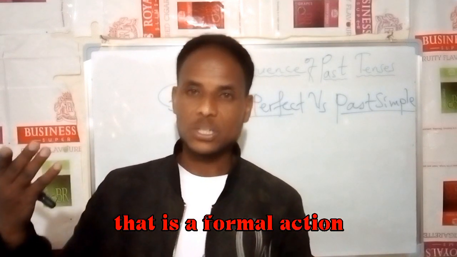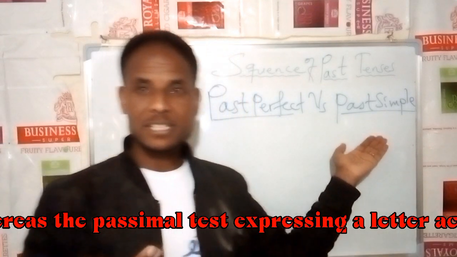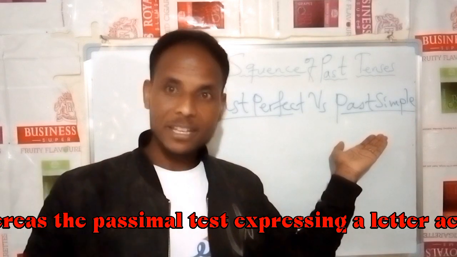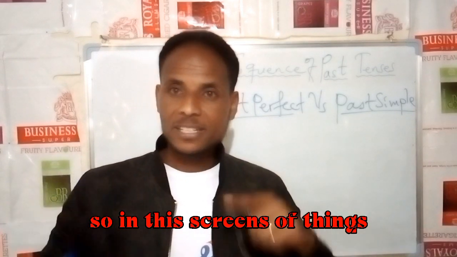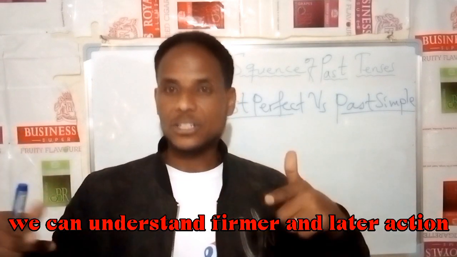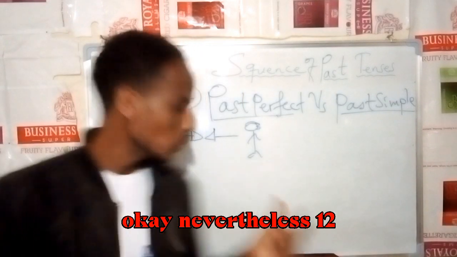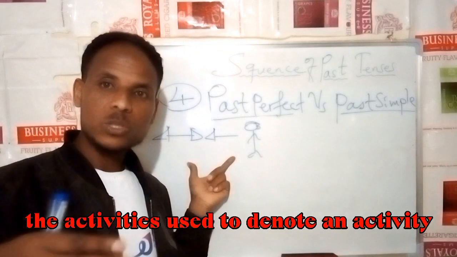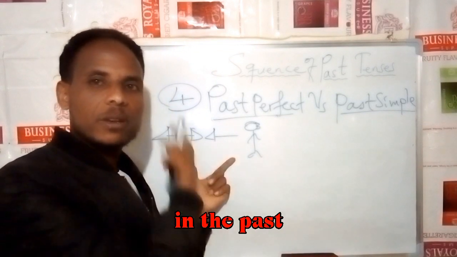That is a former action, whereas the past simple tense is expressing a later action. So in this sequence of tenses, we can understand former and later action. Okay, both of the activities denote an activity that took place in the past.